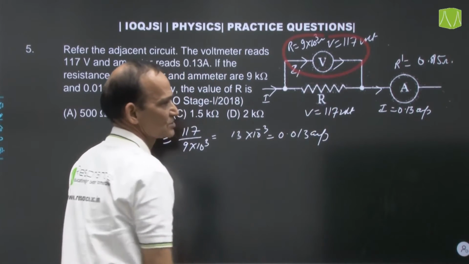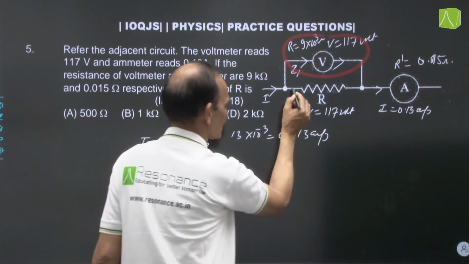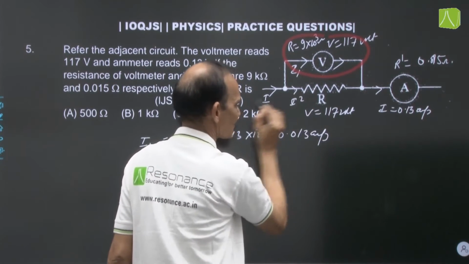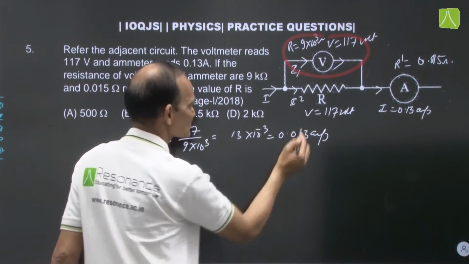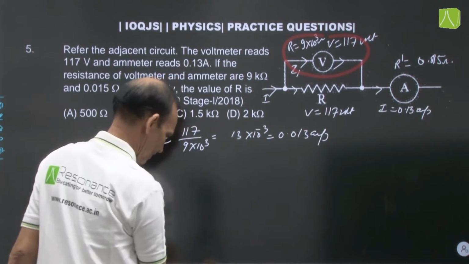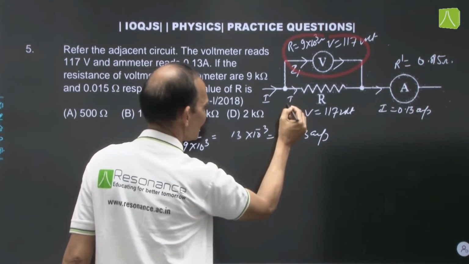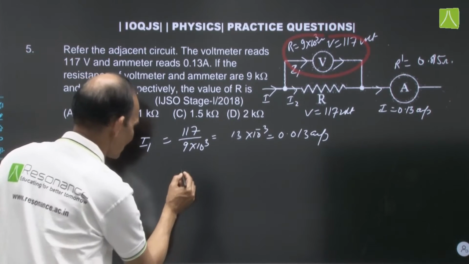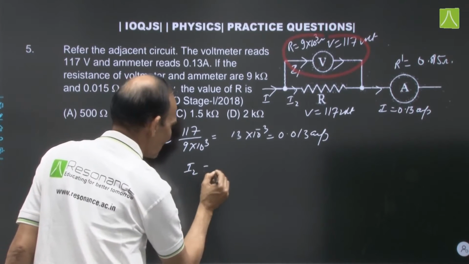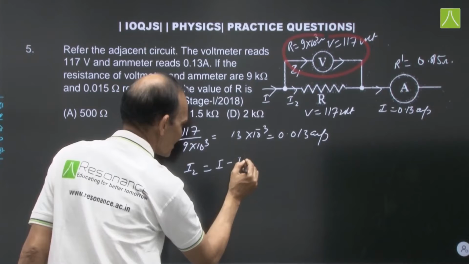Current is 0.013. Now this current through R is, suppose, I2. We can say I is equal to I1 plus I2. We have to find the current I2, so I2 will be equal to I minus I1.